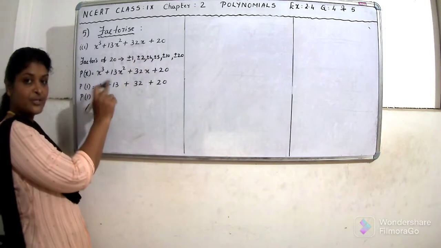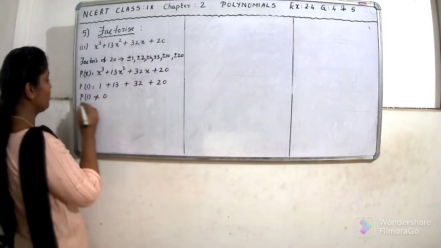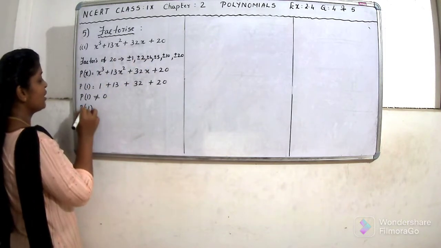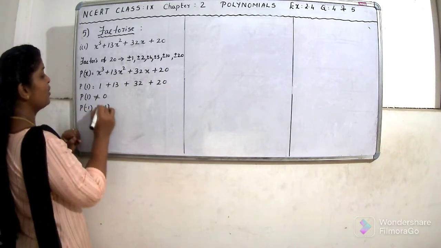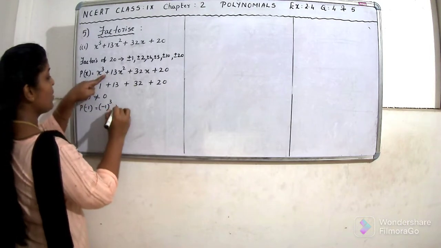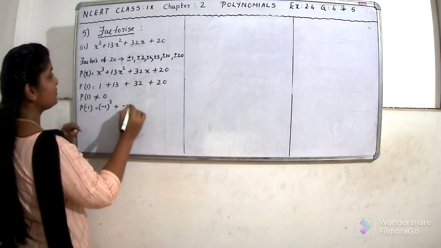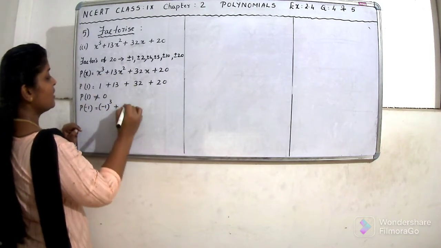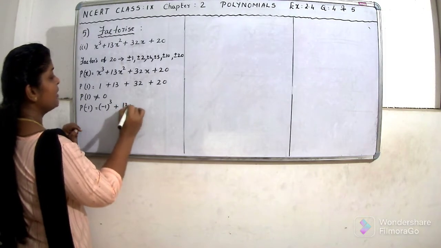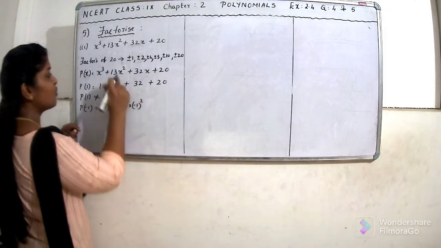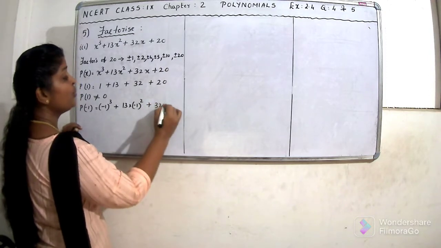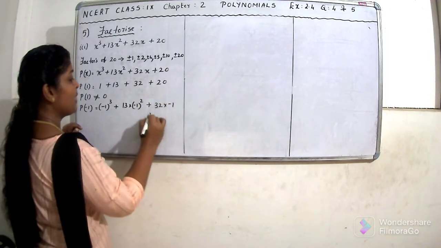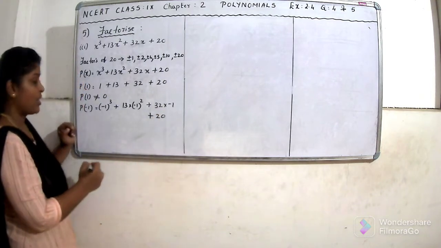Move on to the next value. Positive 1 we substituted. Now the chance for negative 1. So when we are substituting negative 1, let's check. Negative 1 the whole cube plus 13 into negative 1 the whole square plus 32 into negative 1 plus 20.